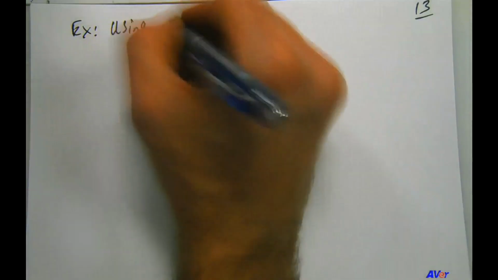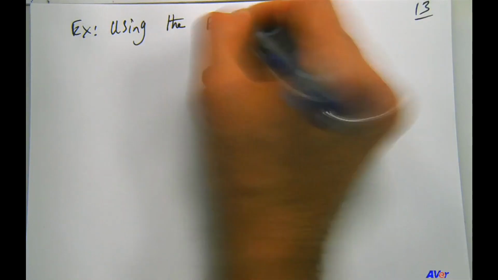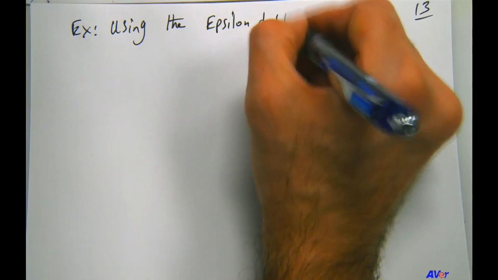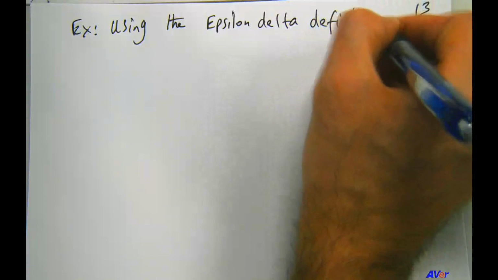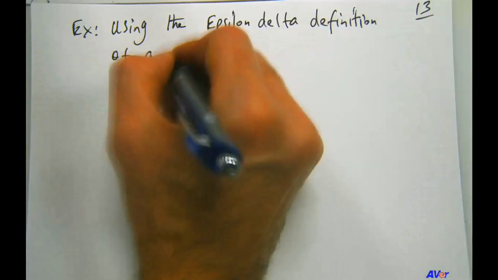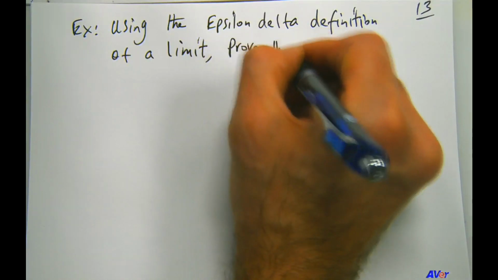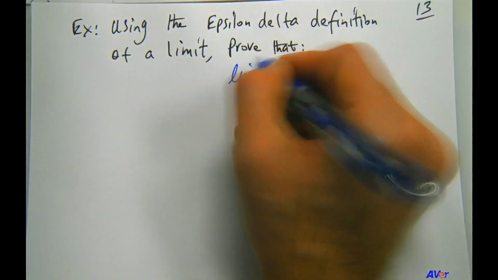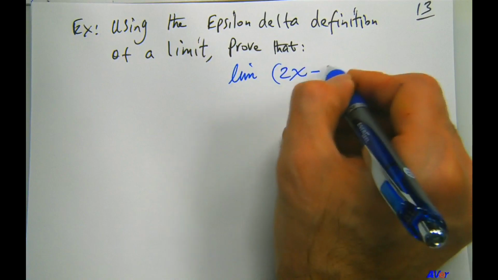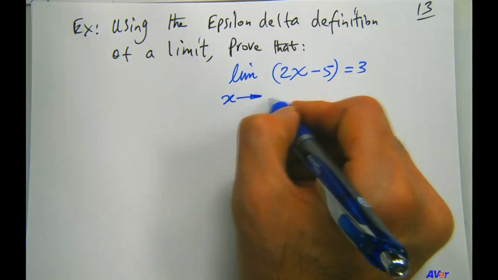So here we want to, using the epsilon delta, prove that the limit of this function exists as x approaches 4.